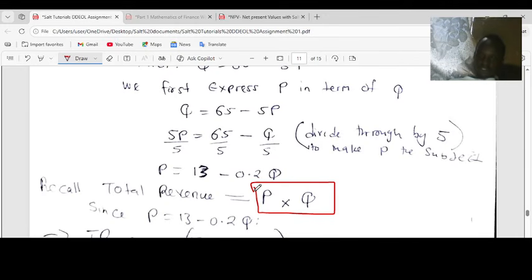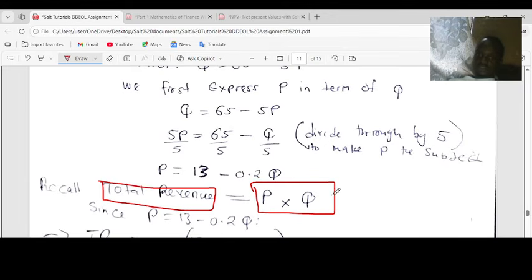If one pen costs 20 kwacha, if you sell one pen, your revenue will be 20 kwacha. If you sell 2 pens, your revenue will be 40 kwacha. So total revenue is the amount you are receiving from your business, from that good. It depends on the price you are going to set for that quantity. That's how your total revenue is going to come out.